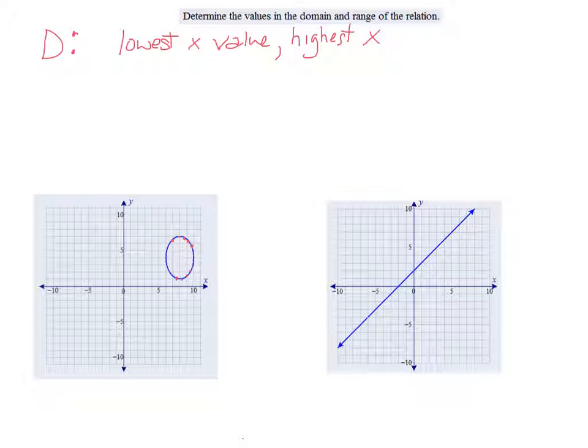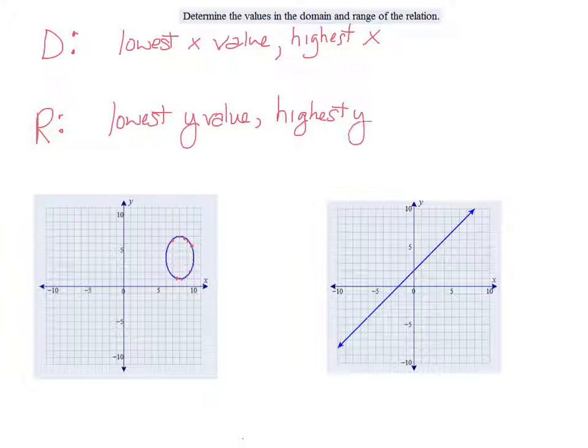And when I do my range, remember the range is the possible y values, so this will be the lowest y value that is shown in the graph, and then I'll put the highest y value. It's kind of called the lower bound and the upper bound. So I'll put the lowest number and then the highest.